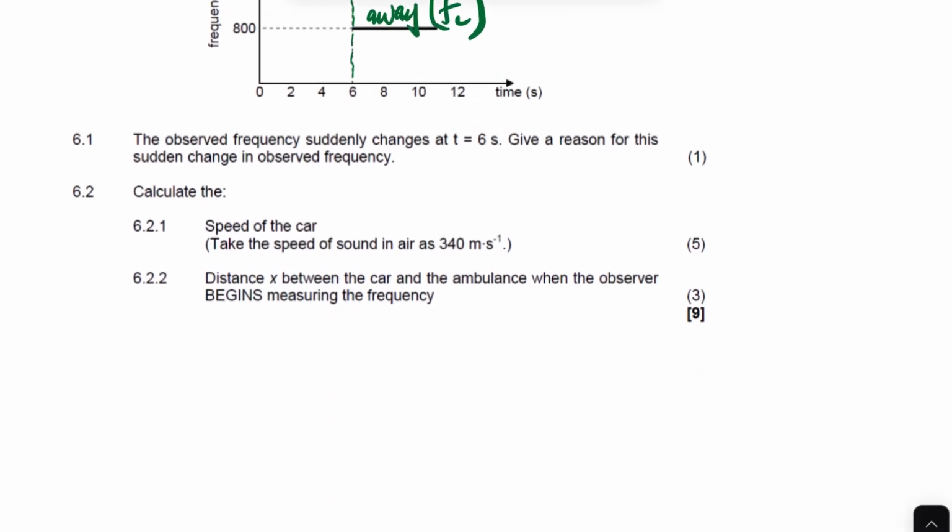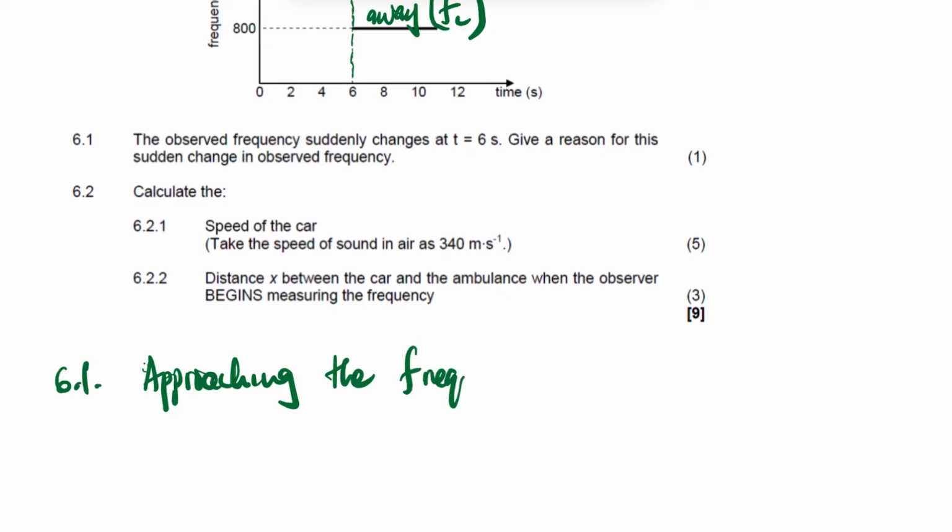you can see here in 6.1, while it was approaching, the listener was approaching, while the observer was approaching, the frequency was higher, right?